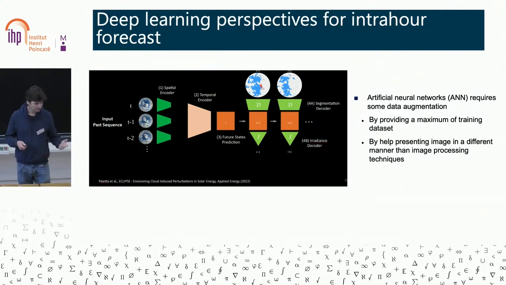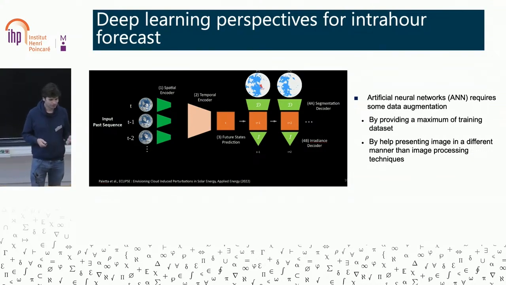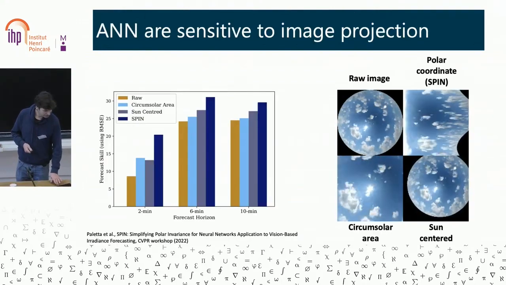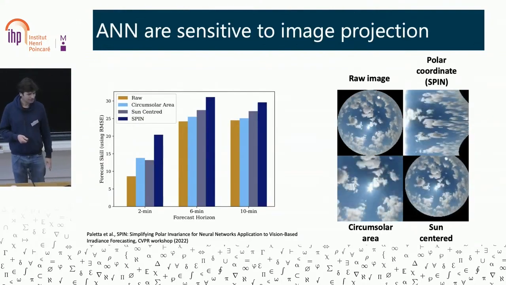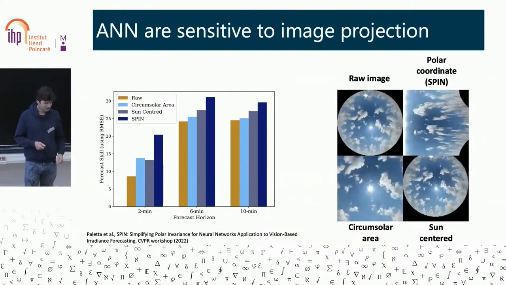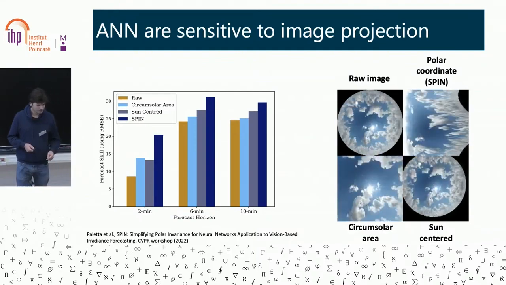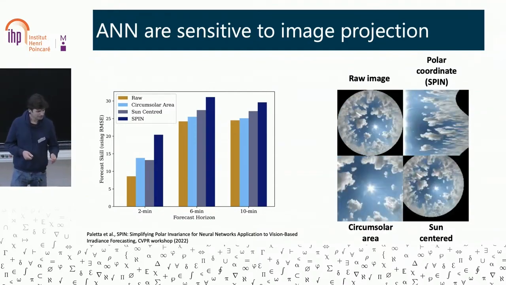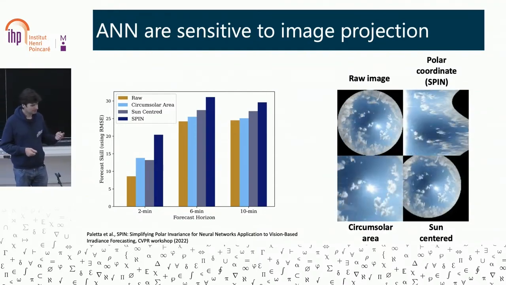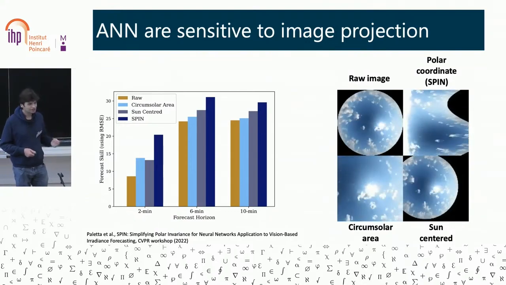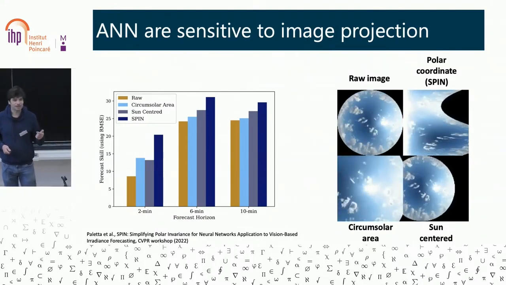And of course, the constraint is that it's important to get a large training data set. So we need long time series of cameras seeing the sky. But the last finding was interesting. During his thesis, Quentin Paletta's main finding was that artificial intelligence needs to be helped.